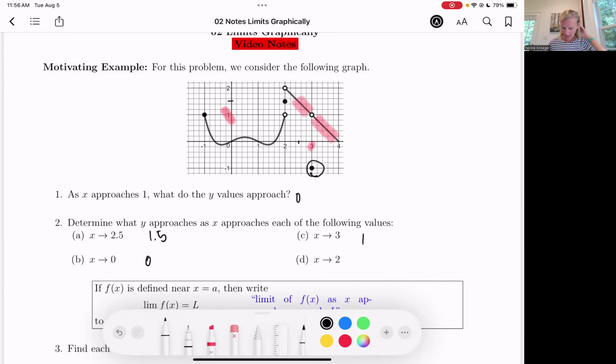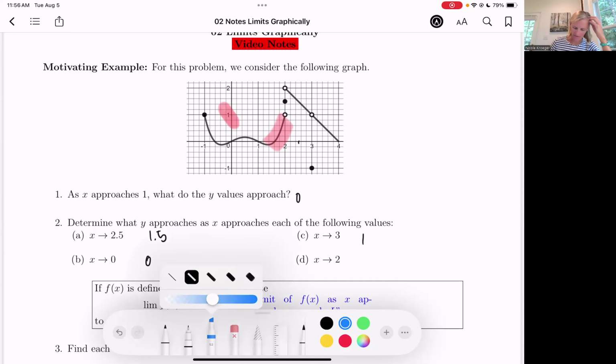Okay. And as we approach 2, something real funky happens. If I jump on my graph and ride the roller coaster from this side, riding towards 2 from the left, the y values are approaching 1. So maybe you could say 1 as our answer here. If I jump on my graph on the right-hand side and approach x equals 2 from the right, then my y values appear to be approaching 2.